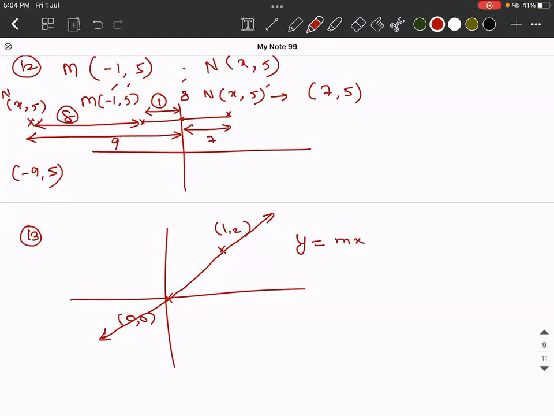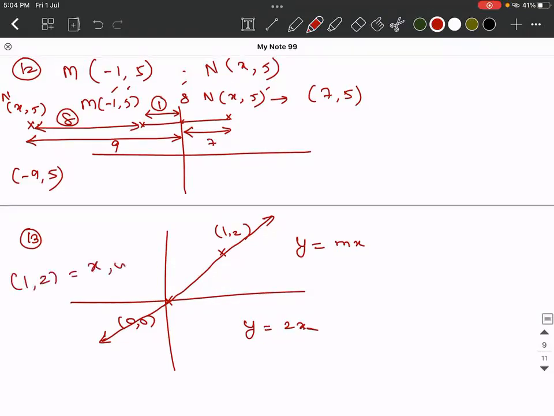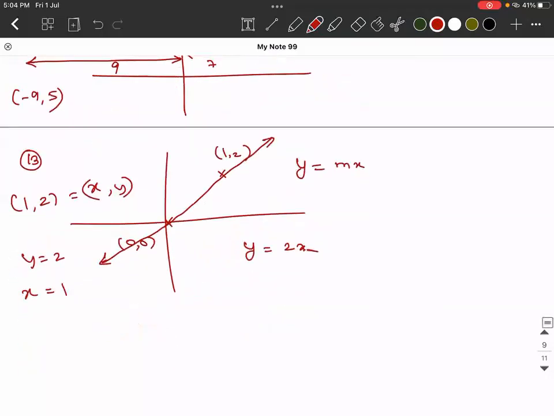That's what they gave. Y is equal to mx is the general form of a line passing through the origin. If you observe, how many times is the y coordinate compared to x? Y is equal to 2x, that's it. Y is 2 times x. So if I say (1, 2) is (x, y), then y is 2, x is 1. Divide both: y by x is equal to 2 by 1, which implies y is equal to 2x.